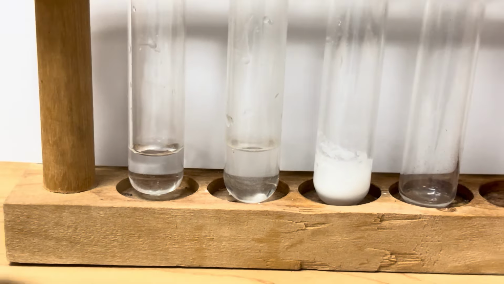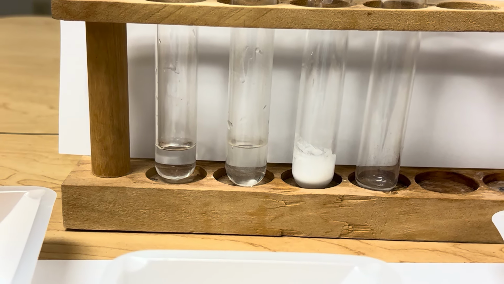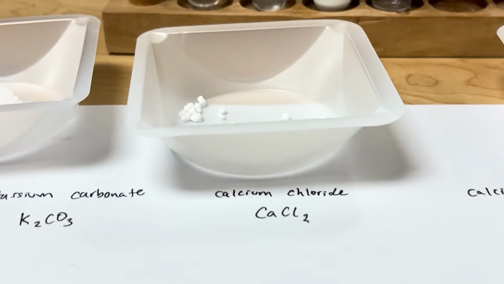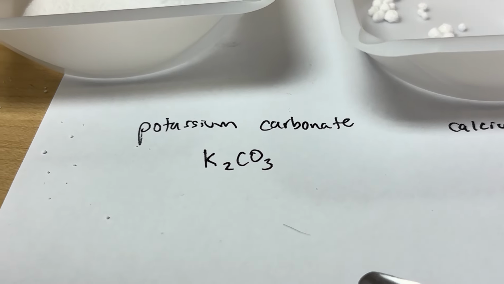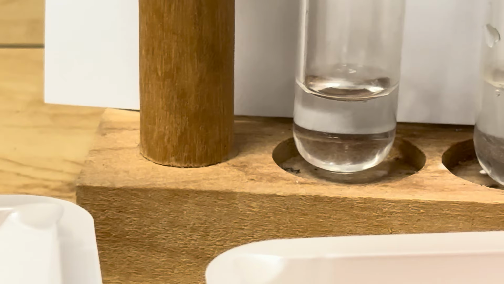Based on that, what do you think we can say about the strength with which these ions attract each other? My potassium and my carbonate seem like they are pulled apart from each other pretty easily by water.